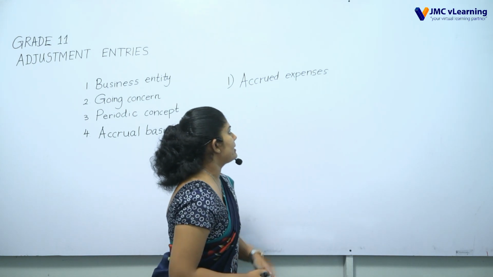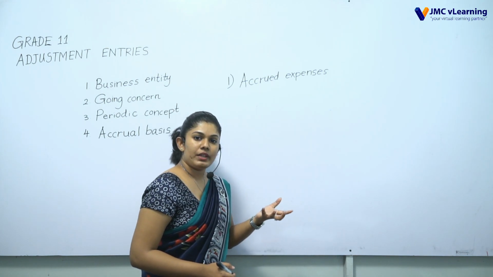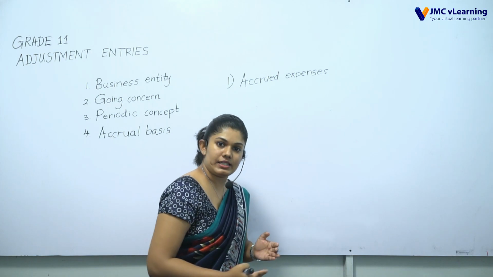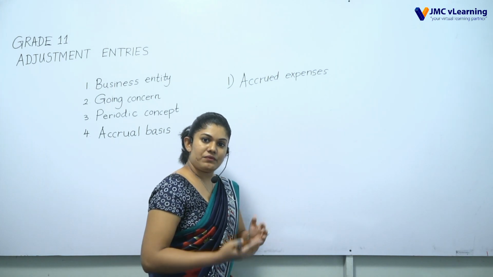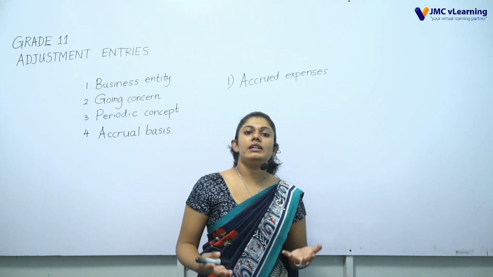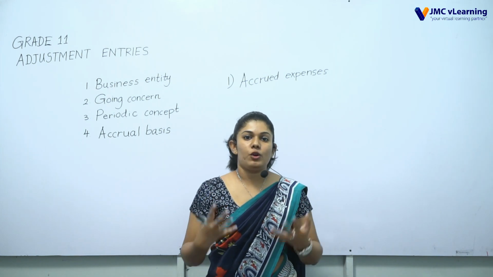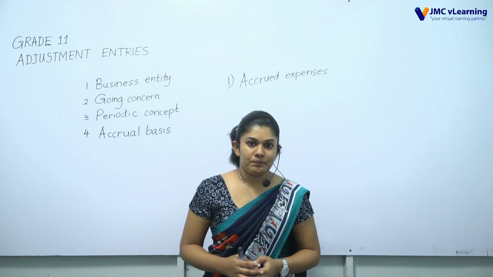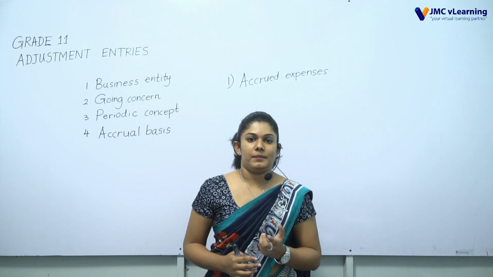Accrued expenses are simply expenses that we have not paid yet. That means we have already obtained the service or consumed it, but we haven't paid yet for it. For example, electricity.